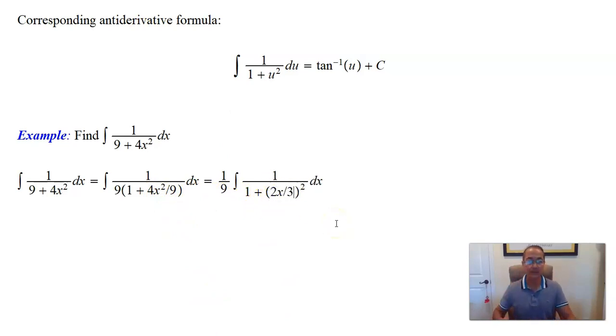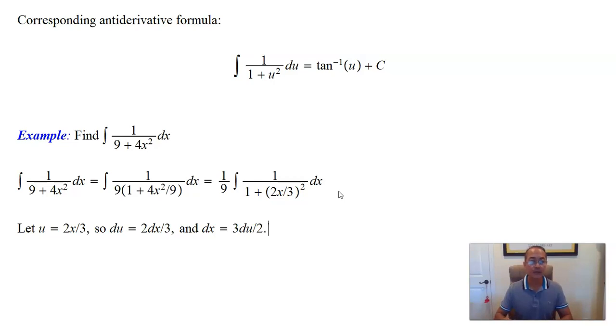There you go. So now we have 1 over 1 plus u squared. So we have an obvious u substitution. U will be 2x over 3, so du is 2 dx over 3, and dx is 3 du over 2.